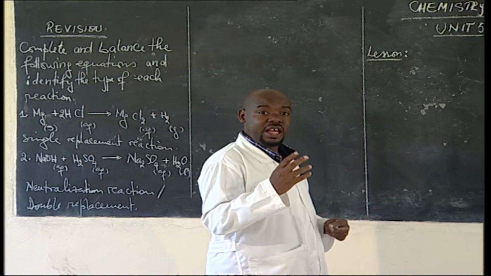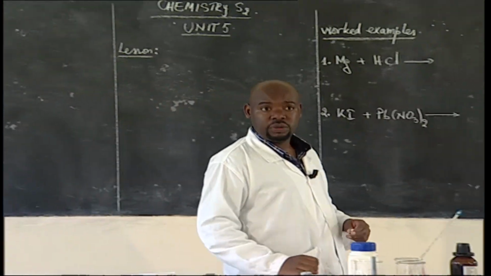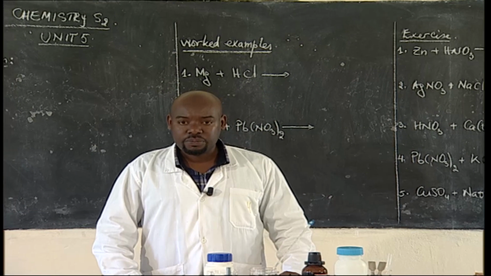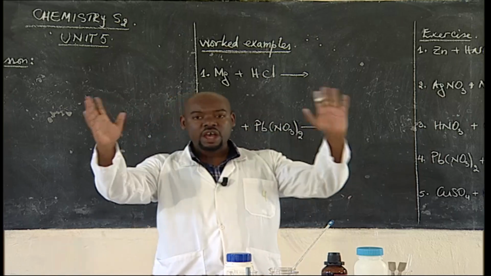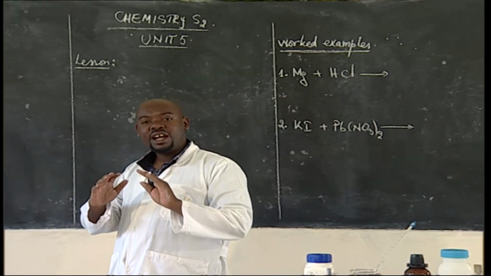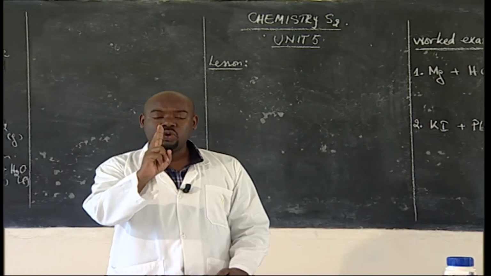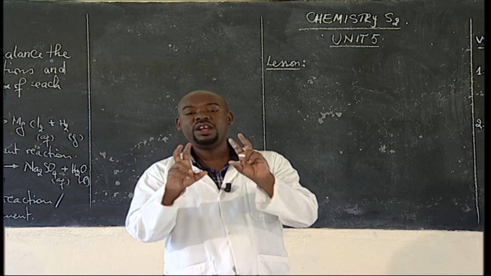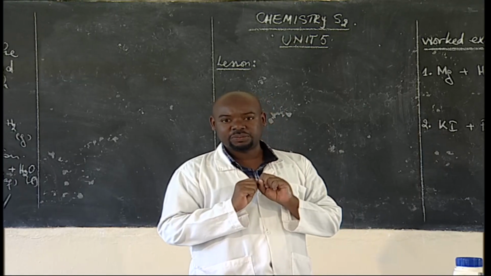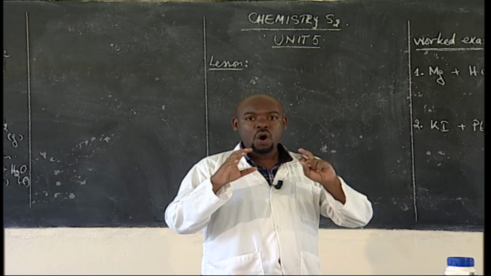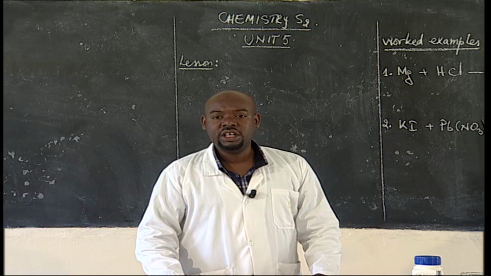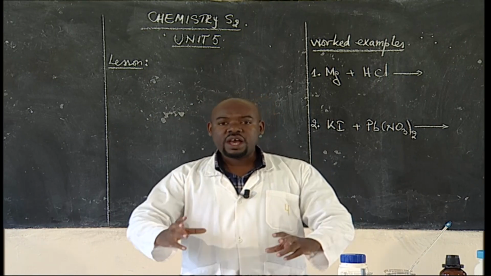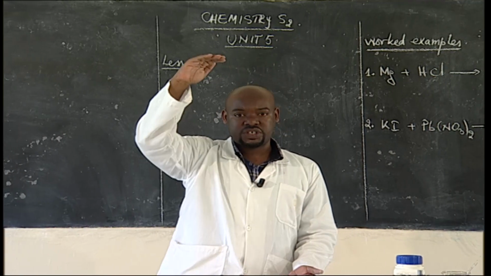Now, there is another type of classification maybe you didn't talk about, but which is very important. All the reactions you have studied can be classified into two types depending on the temperature change when the reaction is taking place. When reactions are taking place, there is a possibility that the temperature of the reacting mixture can increase.